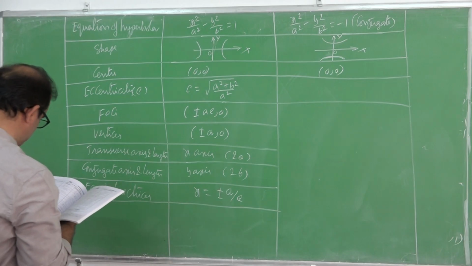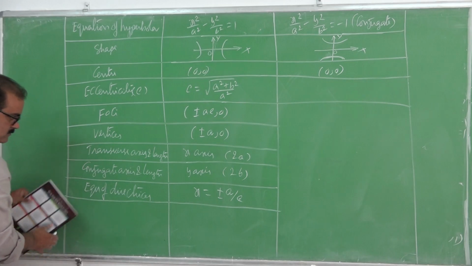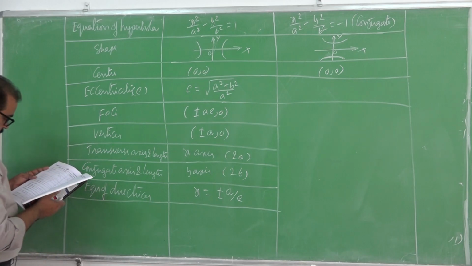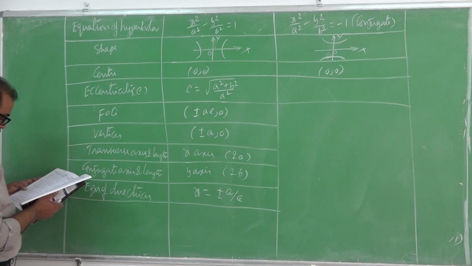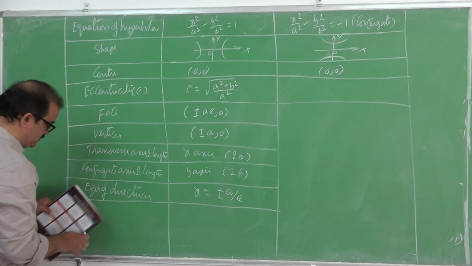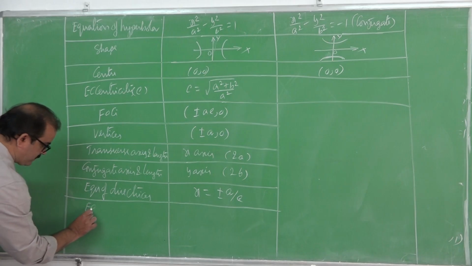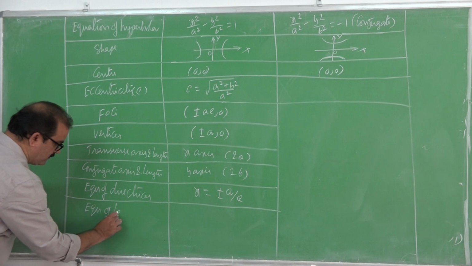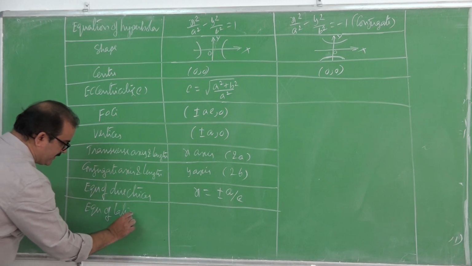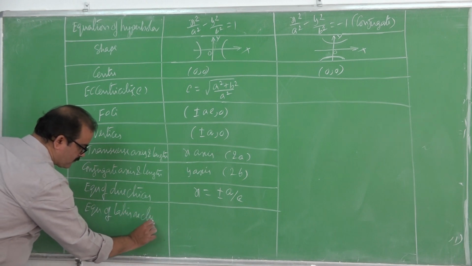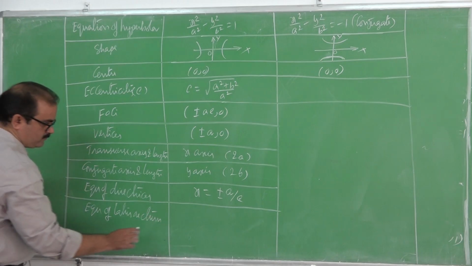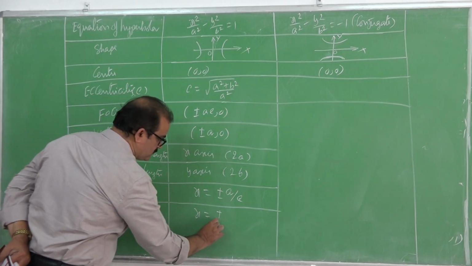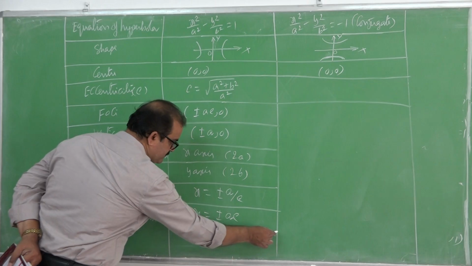Next, equation of latus rectum: x is equal to plus or minus AE.